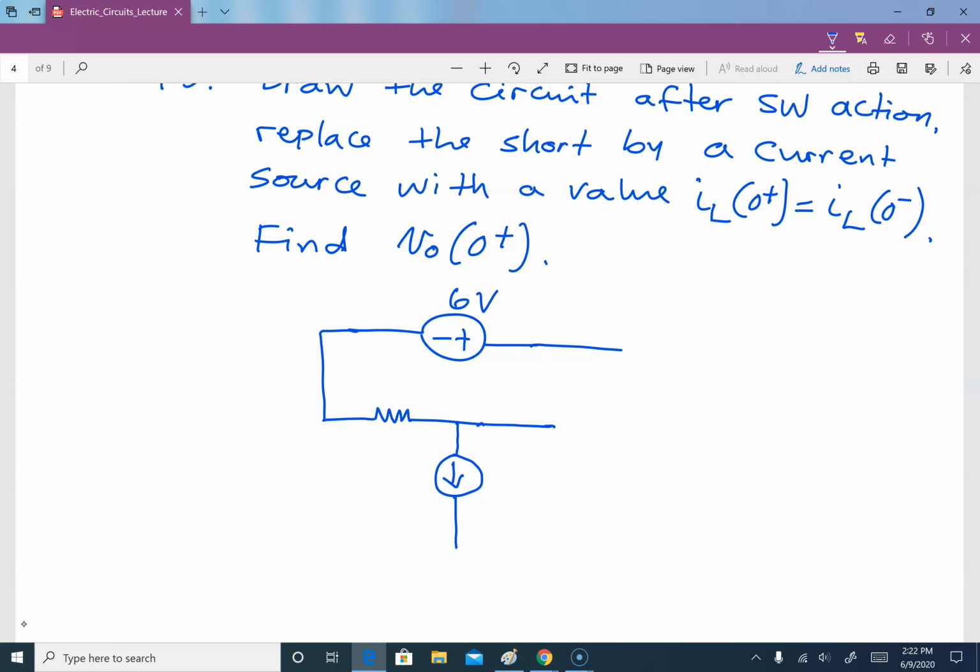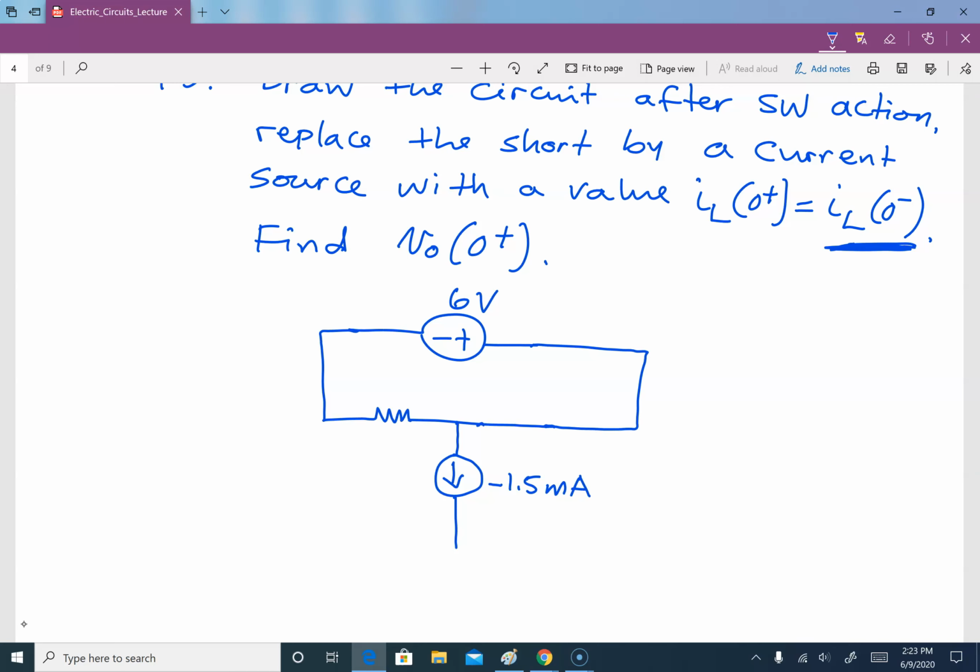So let us have more space here. Negative 1.5 milliampere. Please pay attention here. We got our IL of 0 minus to be negative 1.5 milliampere. So negative, and it is going downward.